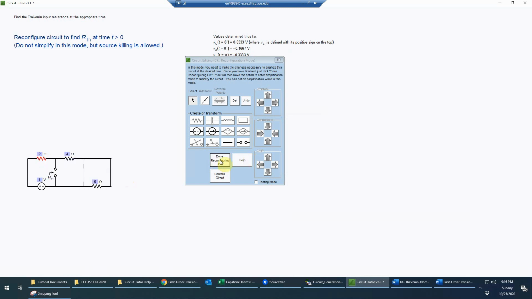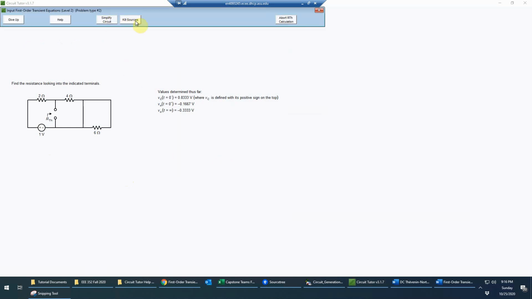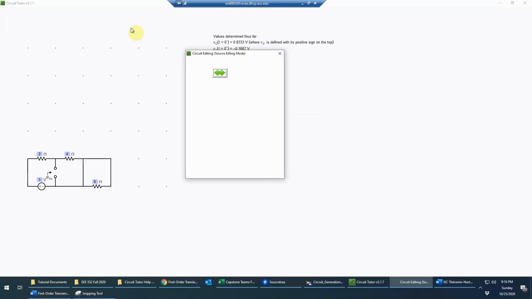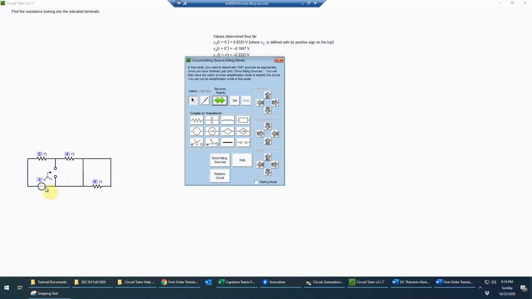Okay, so now we're done. And now we can kill that source. But I said we could have done that previously, but I'm just showing you can also come back in later and do it. And because we want it to have 0 volts, we basically change that to a short circuit. So that's how we would kill sources, just same as we do, for example, in superposition problems. And that's all we do in the source killing mode.